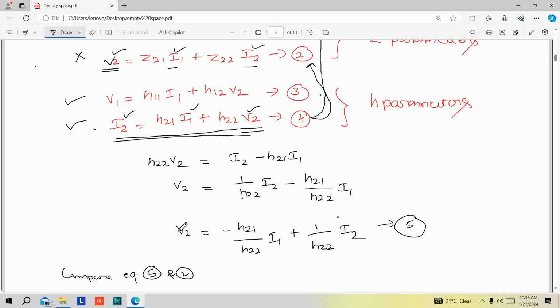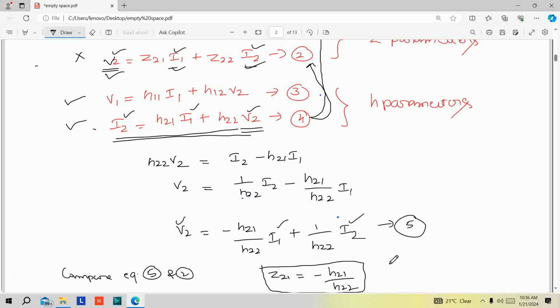Here V2 is here, and here I1 is here. It indicates that Z21 is equal to minus H21 divided by H22. Similarly, here I2 is here.